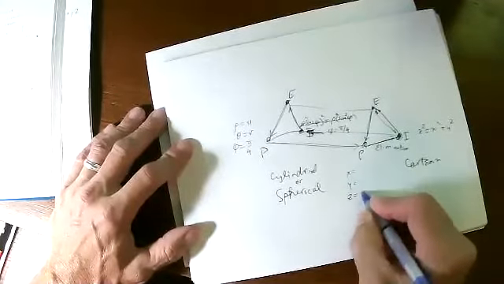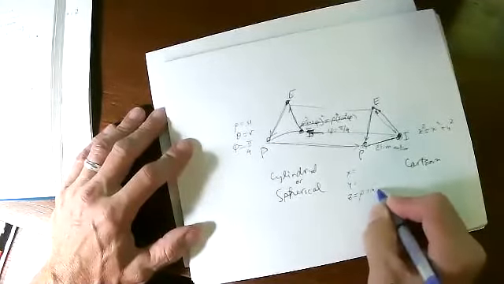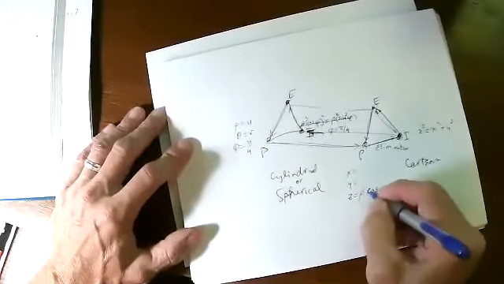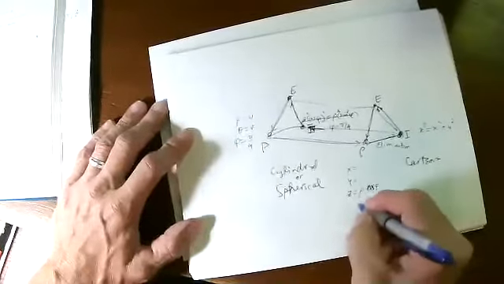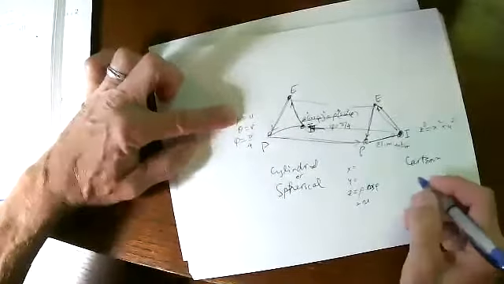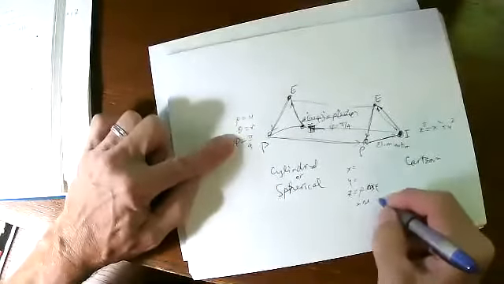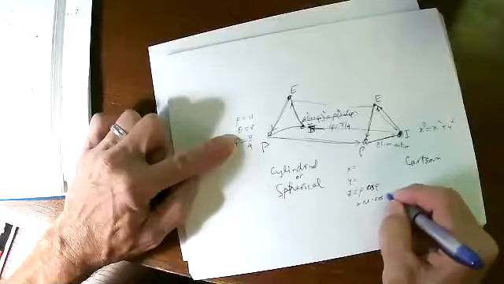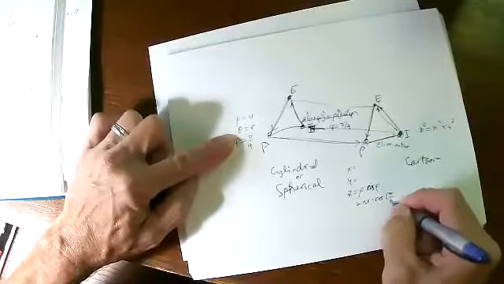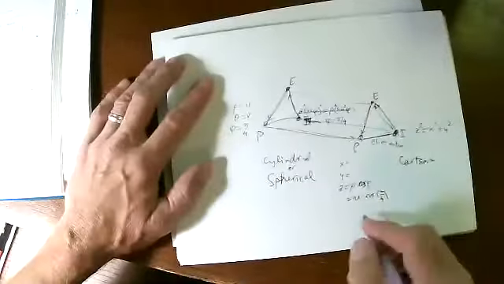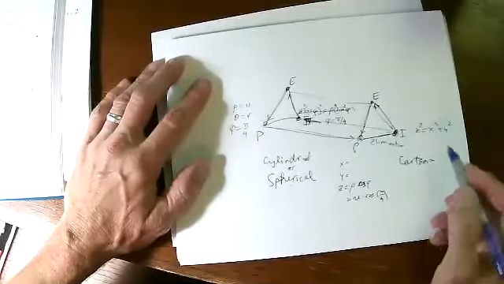I mean, z, for instance, is supposed to be rho times the cosine of phi. So now I have a formula for rho, and I have a formula for phi. So that, presto, gives me a formula for z.